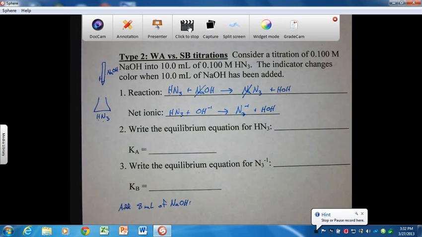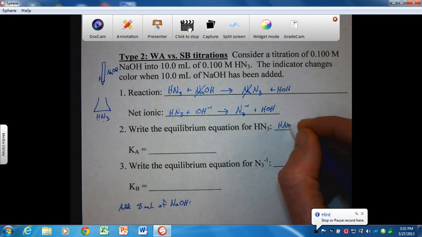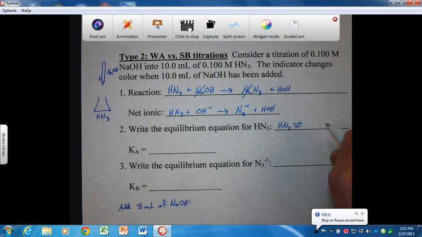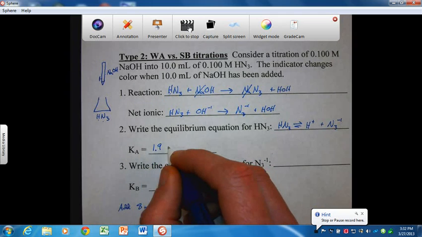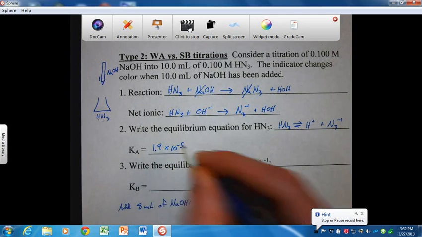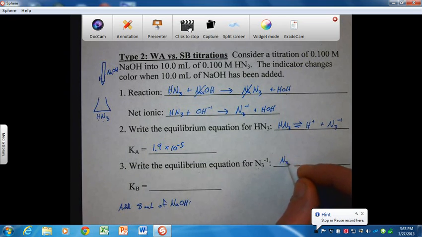For the equilibrium, we would imagine that HN3 as an acid is going to be a hydrogen donor. So hydrogen plus the azide ion. Its Ka value, you can look it up in your book, is 1.9 times 10 to the minus 5. For the conjugate base form of this, the azide ion, we can conclude that as a base it is going to be a hydrogen acceptor.